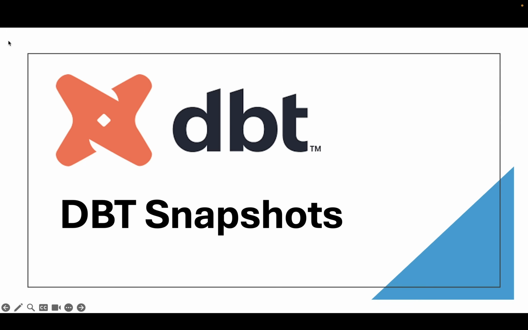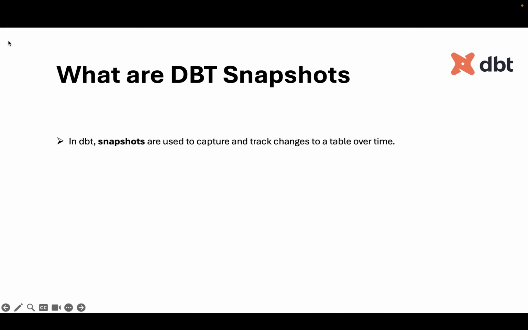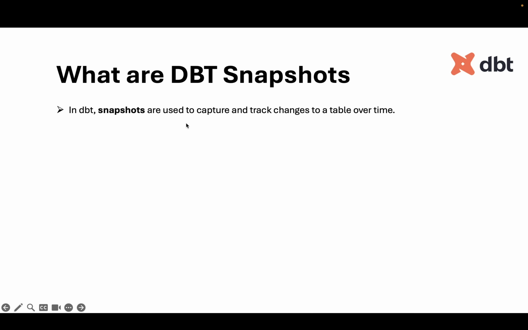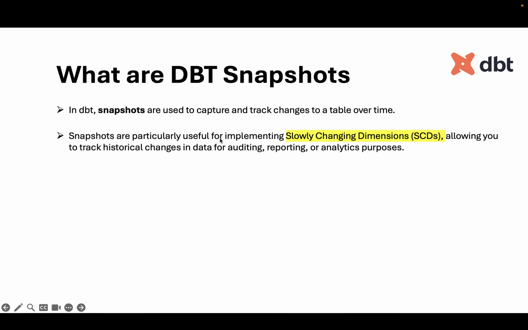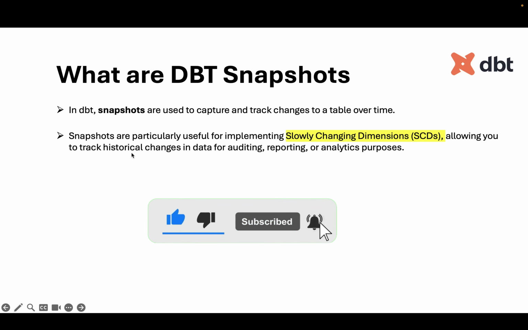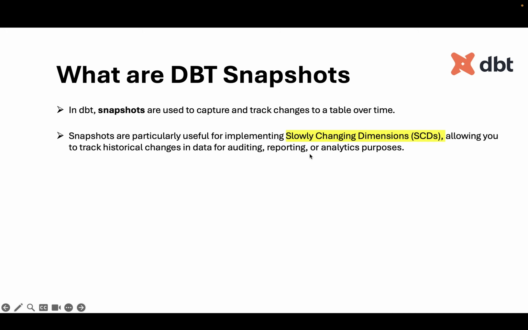So what are DBT snapshots? Okay, so DBT snapshots are used to capture and track changes to a table over time, and these are particularly useful if you are implementing slowly changing dimensions in your data warehouse in order to track historical changes for auditing, reporting, or analytics purposes.